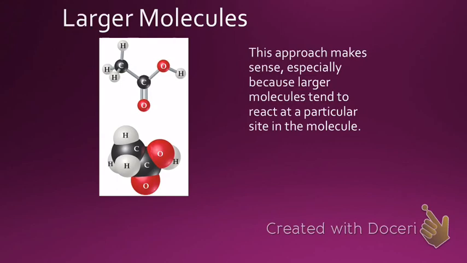So here we're looking at two different models of the same thing, but we can clearly see the geometry and how you can have the geometry of the tetrahedral, the trigonal planar, and the bent all within the same molecule. And also, we can see here what it looks like with the space-filling model.